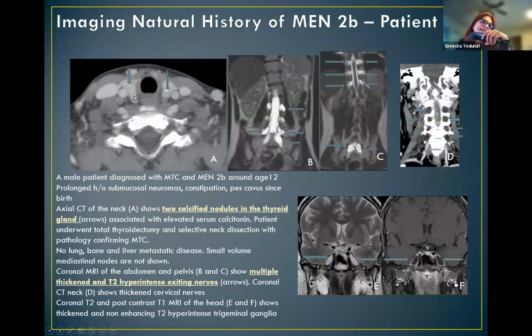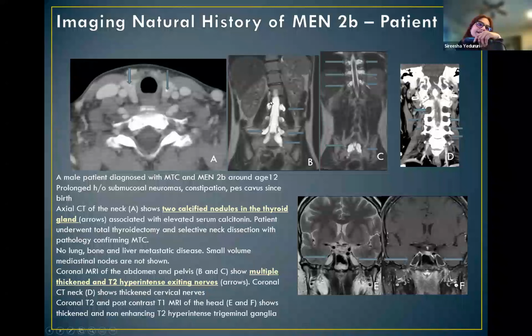So here you see these calcified nodules, associated with elevated serum calcitonin. He underwent thyroidectomy and selective neck dissection with pathology confirming medullary thyroid carcinoma. He didn't have any lung, bone, or liver metastatic disease, but there were small volume mediastinal nodes, which remained stable over a period of time. So that's why I didn't show.